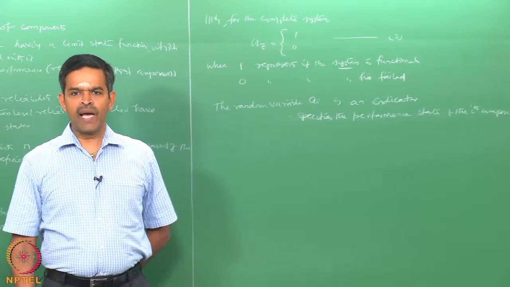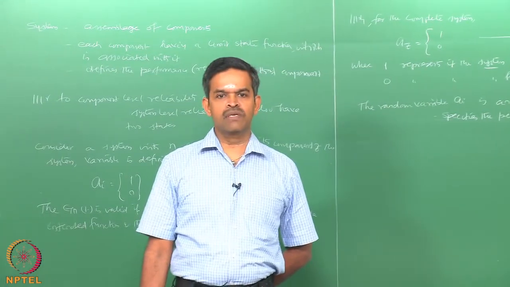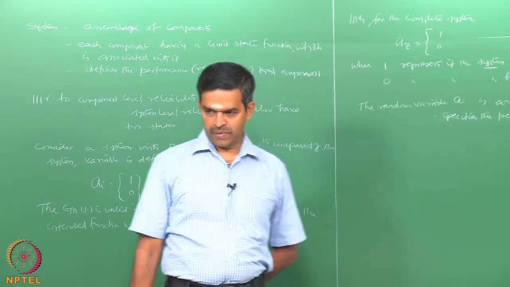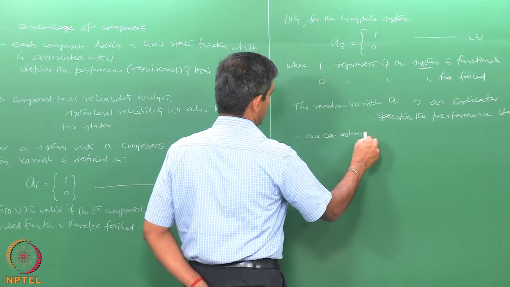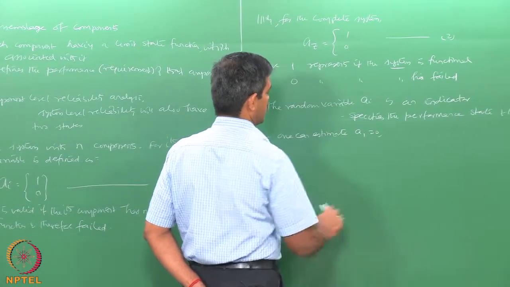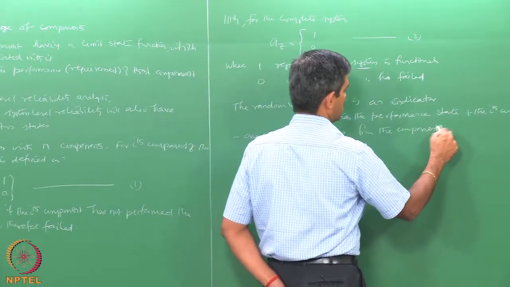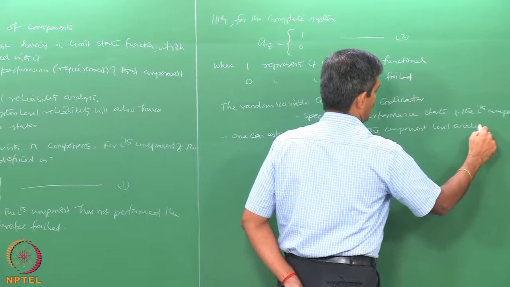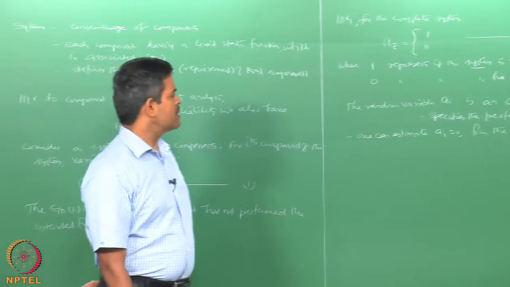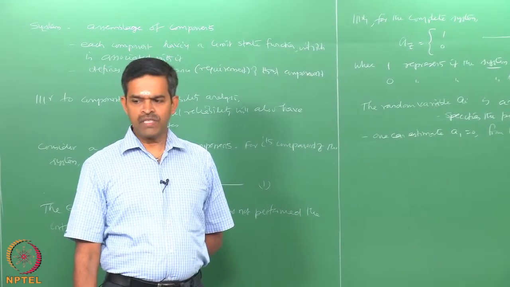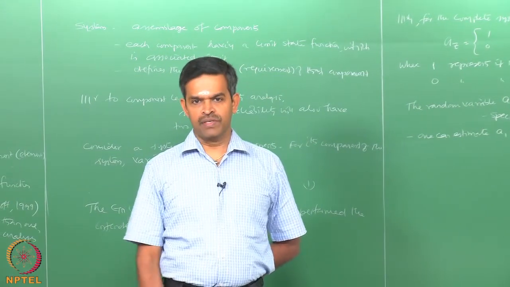Therefore, it should be apparent for us to know that the probability of A_i equal to 0 can be estimated by a component reliability analysis. Okay. So, I can write here, one can estimate, let us say, A_i equal to 0 from the component level analysis, and to do this you do not require a system level analysis. Okay. Now, the indicator function Z, which specifies the performance state of the system, is actually a function of the performance of its components, is it not?